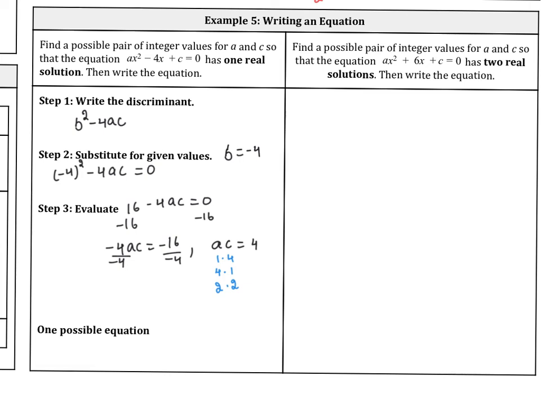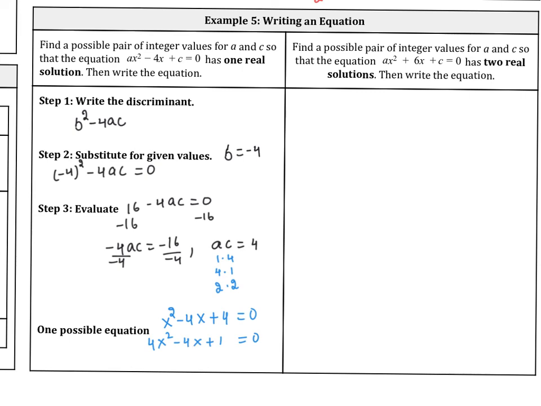So for the first option, you have x squared, b is negative 4x, and c is 4, equal to 0. So a is 1, b we already know is negative 4, and c is 4. Another equation is going to be 4x squared minus 4x plus 1 equal to 0, where a is 4, c is 1, and b is negative 4 anyway.